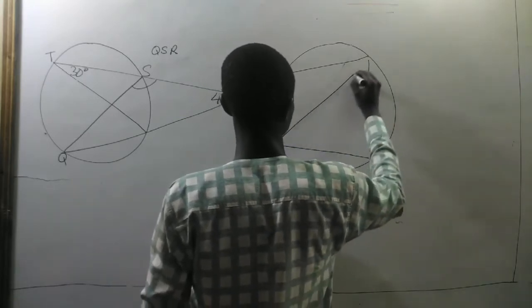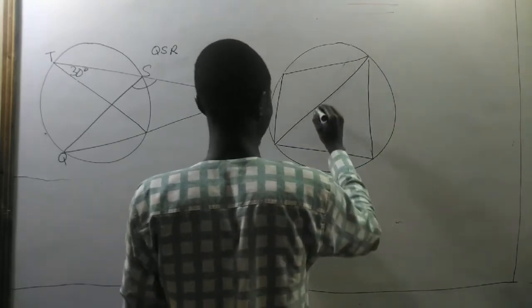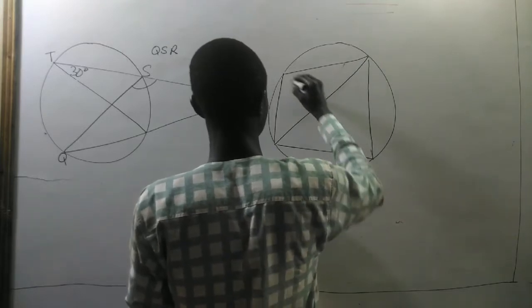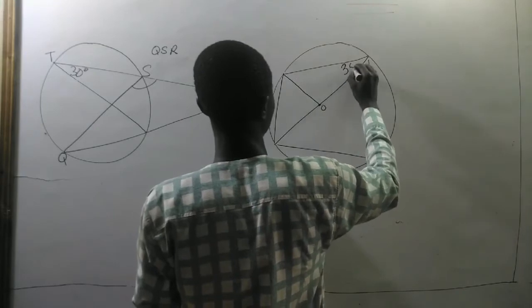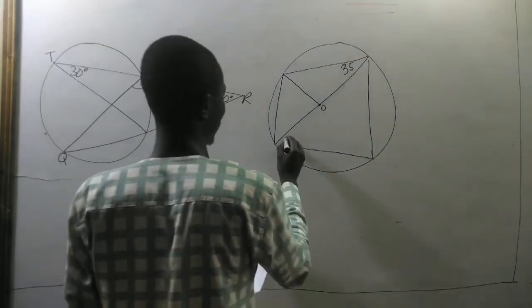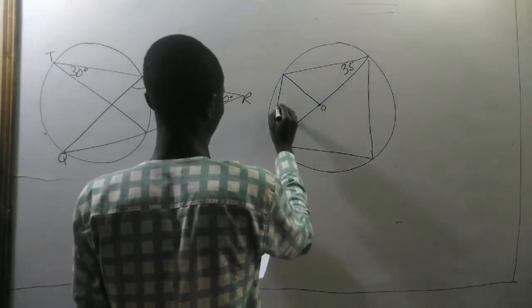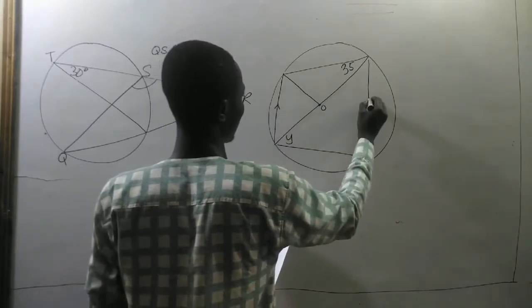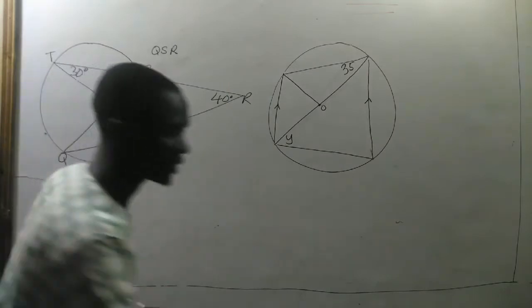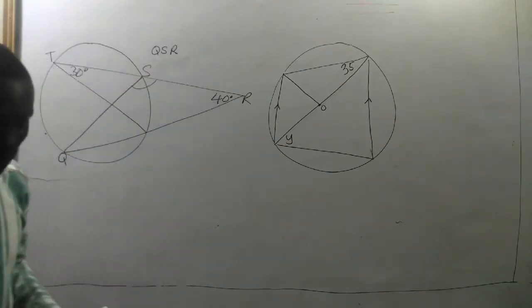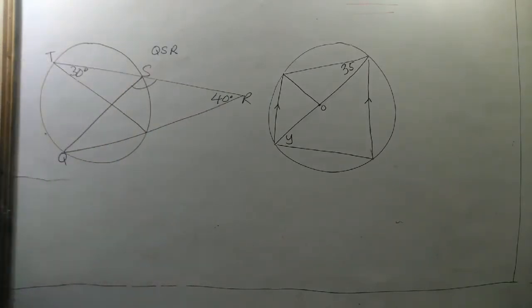I have here to be 35. You have to calculate for this y. The lines here are parallel. So let's take these two. And then after that, we will continue. Now, we have to calculate for QSR.